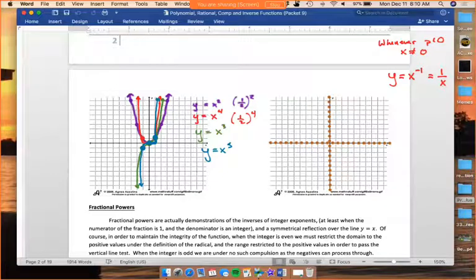I find that the most helpful way to look at this graph, or to think about what points are on this graph, is to consider the fact that if y equals 1 over x, x times y has to equal 1. If x times y has to equal 1, then you have a bunch of coordinates so that when you multiply the two values together, you get 1.